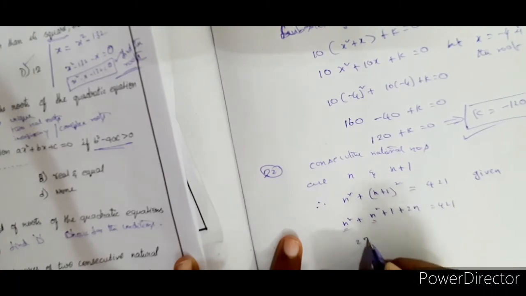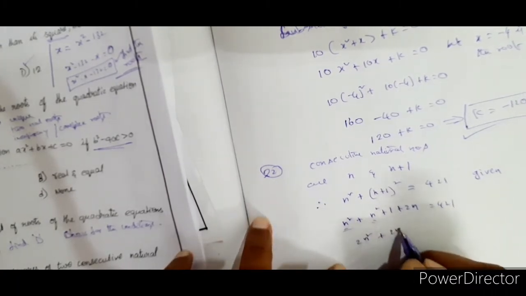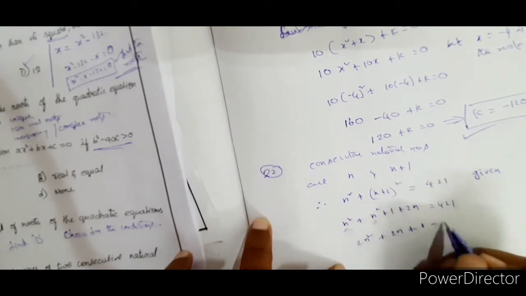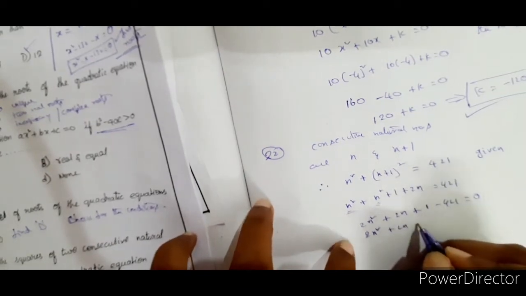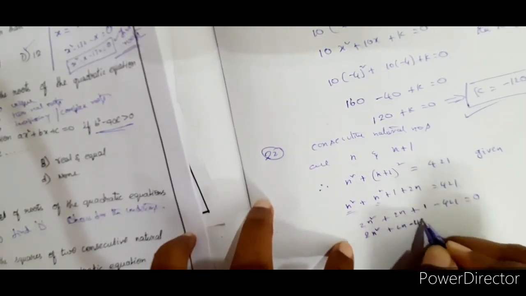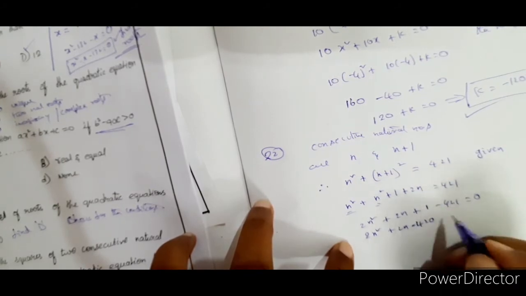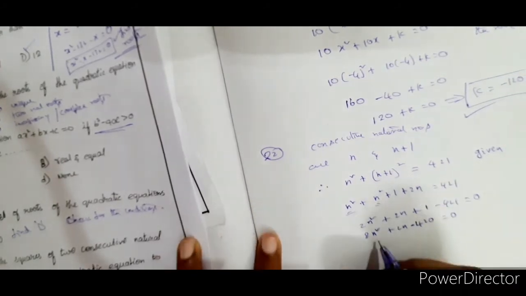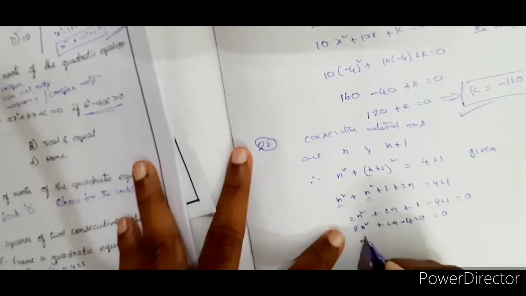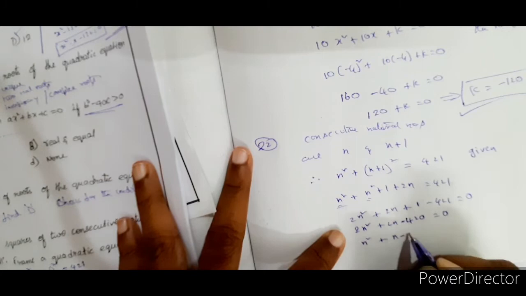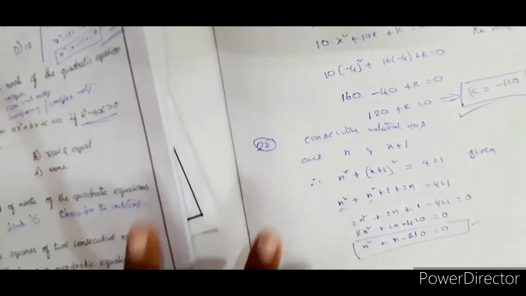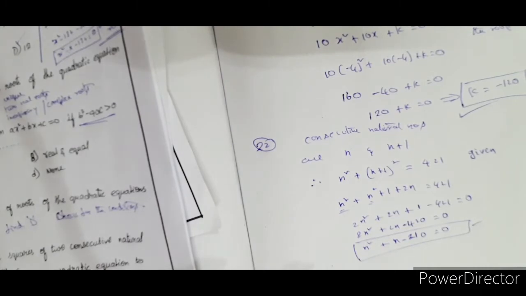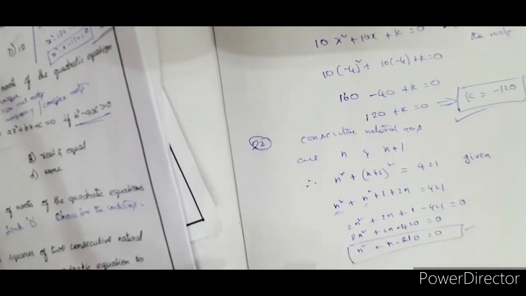So 2n square plus 2n plus 1 minus 421 is equal to 0, or 2n square plus 2n minus 420 is equal to 0. In the simplest form, taking 2 common, n square plus n minus 210 is equal to 0. So this is the required quadratic equation using the given data. Pause the video and note it down.